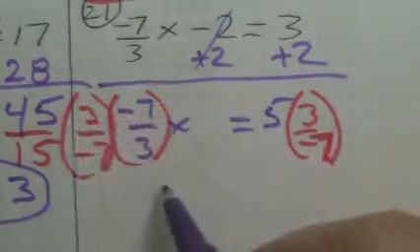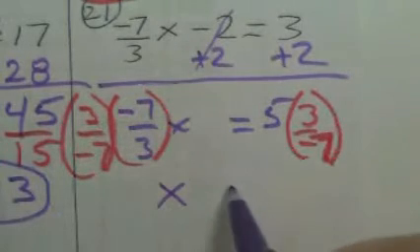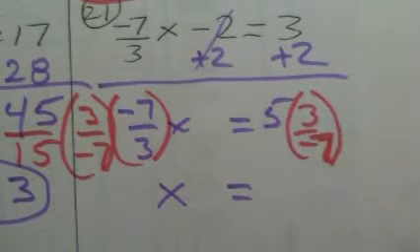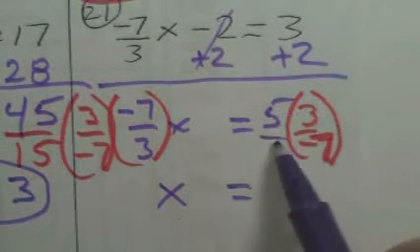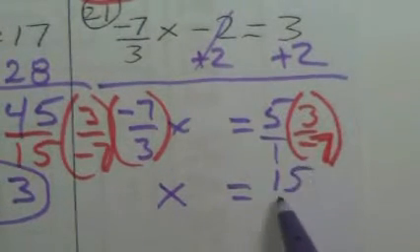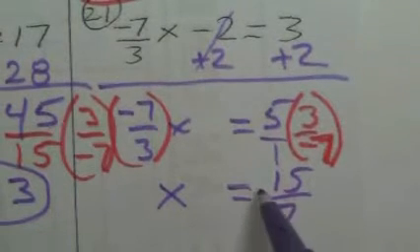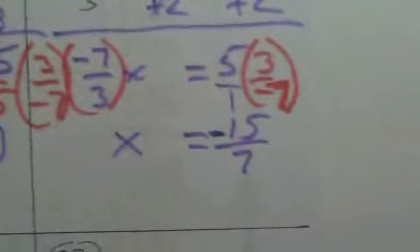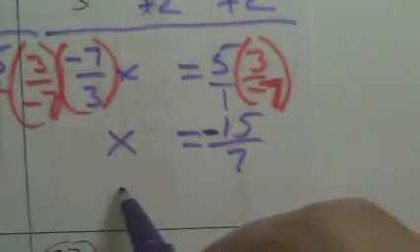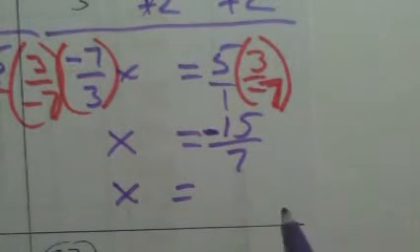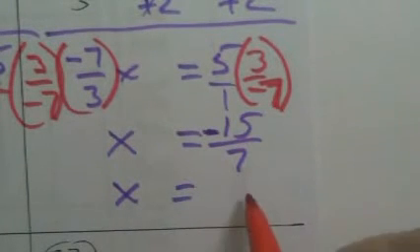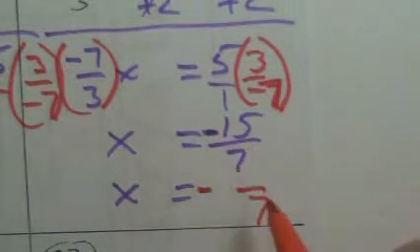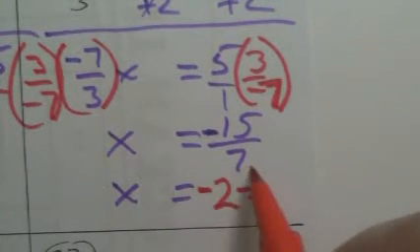And so all this cancels out, or reduces to 1. And 7 doesn't go into 5 or 3. So what I have is 5 times 3 is 15 over 7, and there's 1 negative. And that can be reduced. So let's see. 7 goes into 15 twice with 1 left over.